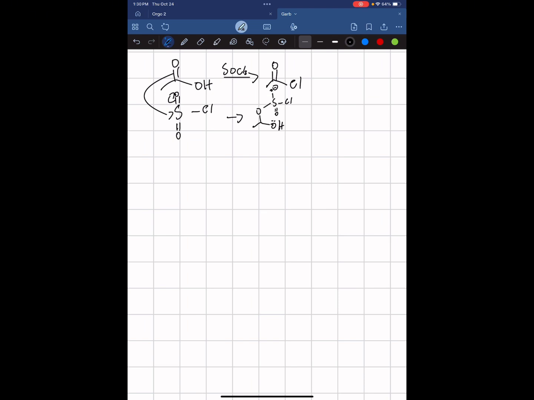And then from here, you can have this lone pair fall onto that bond, giving you this. Then from here, you're going to have the negatively charged oxygen have a lone pair fall in and create a double bond, which is going to cause the chlorine group to kick off because it's a good leaving group.